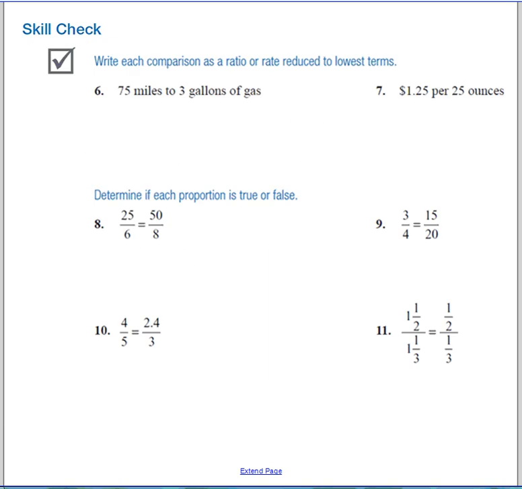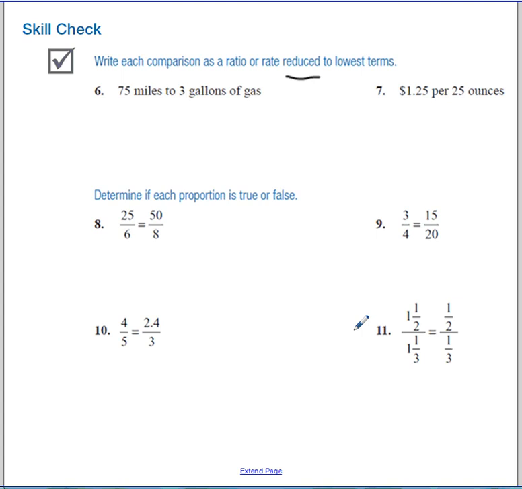So here's some examples for you to try. Here you're telling whether the given is a rate or a ratio. Notice it tells you to reduce down to lowest term. And then you have proportions to work with. And if you need help with number 11, then that's something that you can do in a calculator. If you need help learning how to type that in the calculator, YouTube is a wonderful place to learn how to do that.